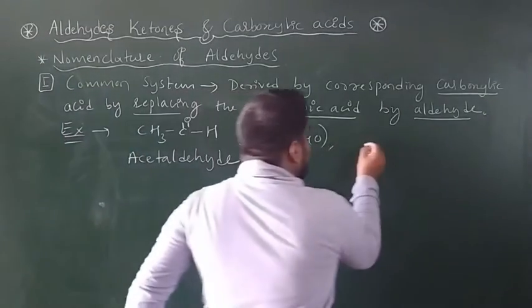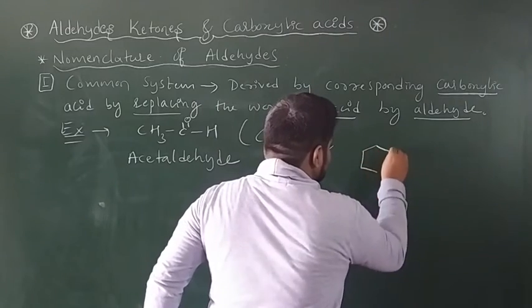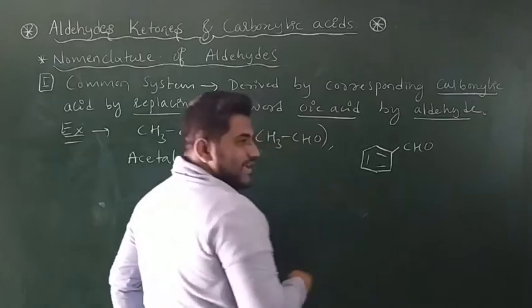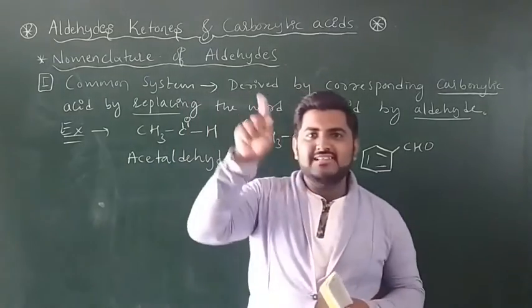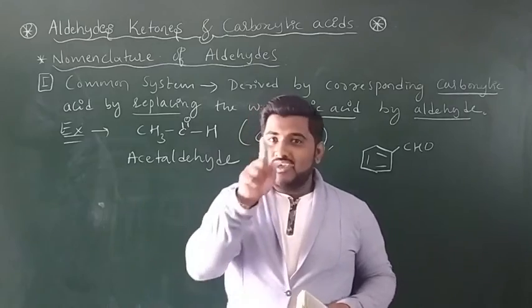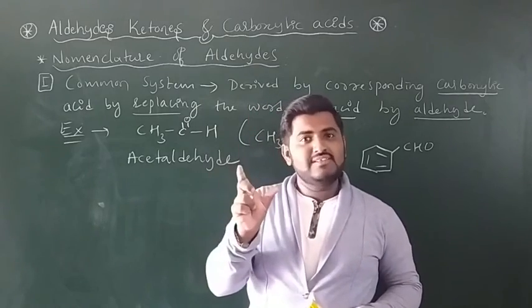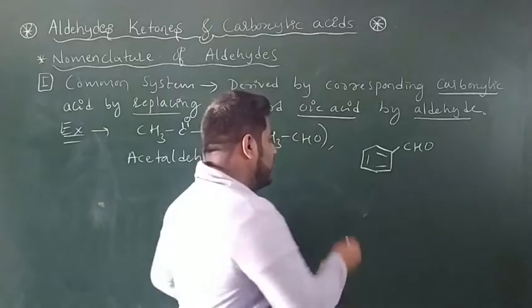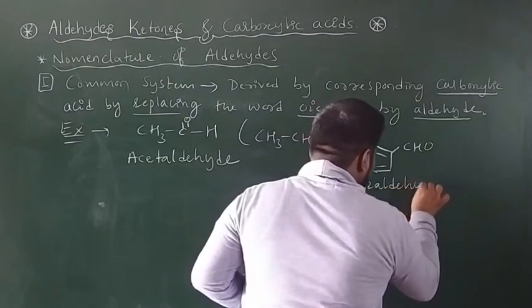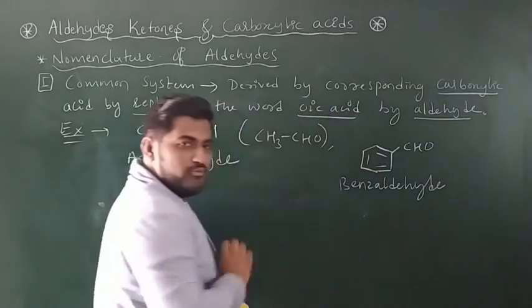Similarly, regarding this one, whenever a benzene group is there and a COOH group is there, then that is called benzoic acid. So here again, the oic acid word is replaced by aldehyde. Therefore the name is benzaldehyde. I hope you are getting it.